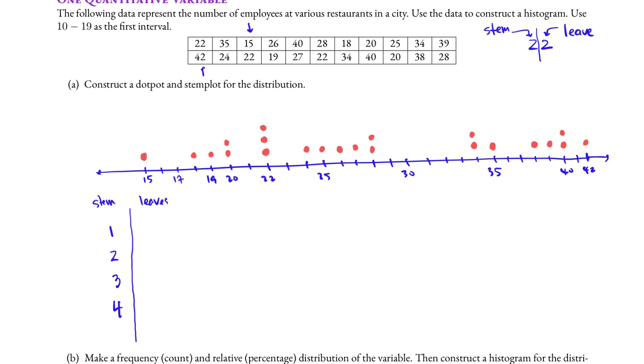The first value is 22. We find the stem 2 and put the 2 in the leaves. The next value is 35. We find the stem 3 and put 5 in the leaves. The next one is 15. We put 5 in the stem 1. The next one is 26. The next one is 40, so we put a 0 in the leaves.